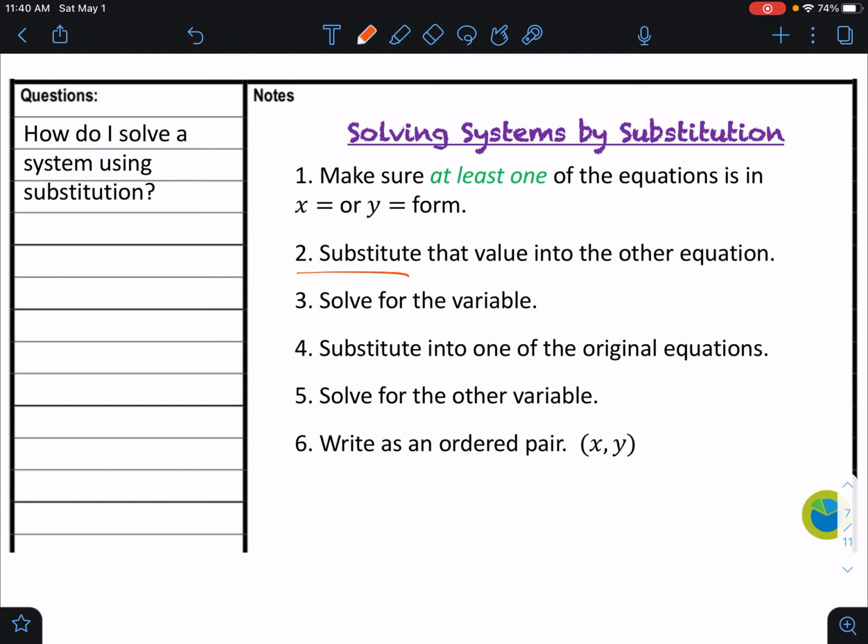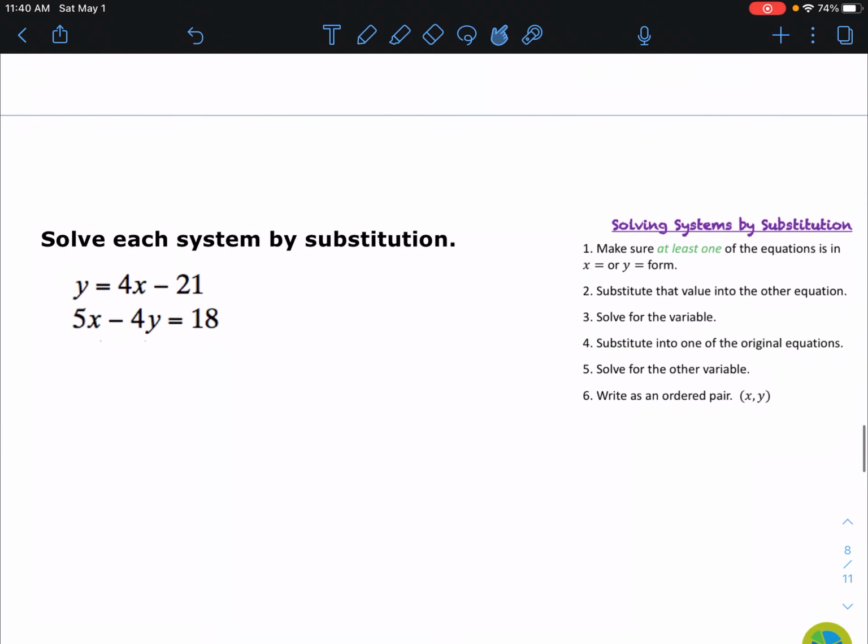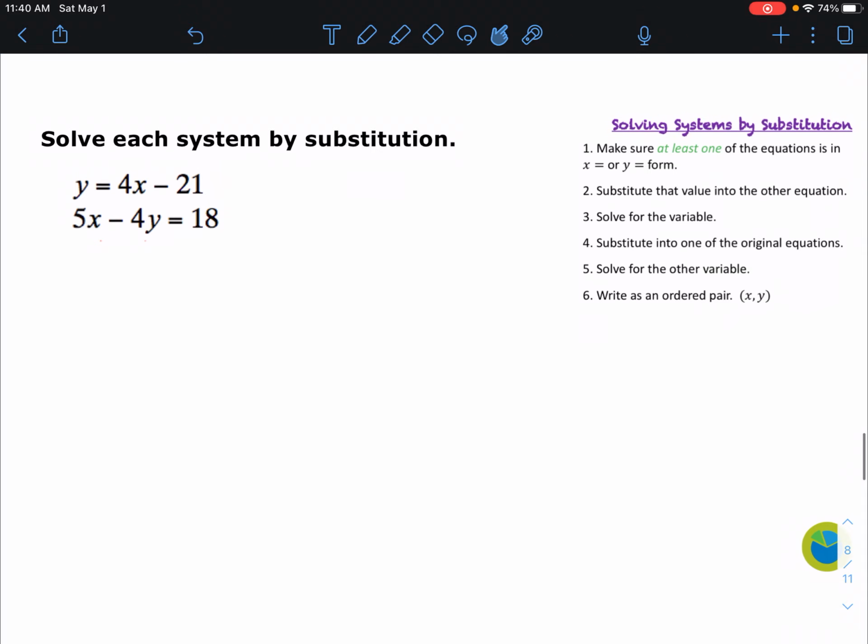Then you're going to substitute again and solve for the other variable. And don't forget, your answer is where they cross, so it should be written as an ordered pair, x comma y. So you can see why we call this substitution. The steps are in the corner there, and they will be in your assignment, so go ahead and use those as your guide.